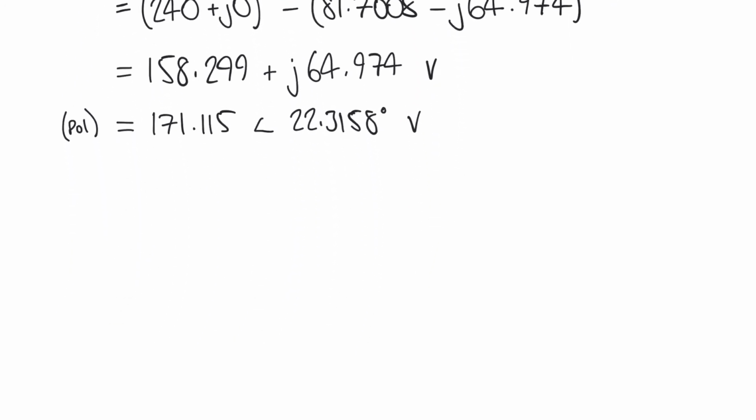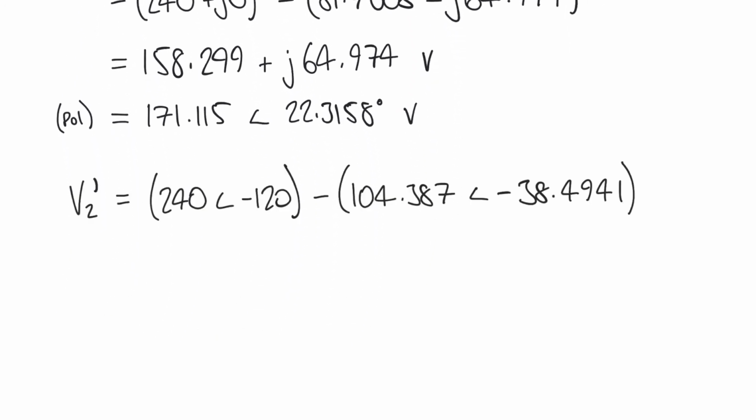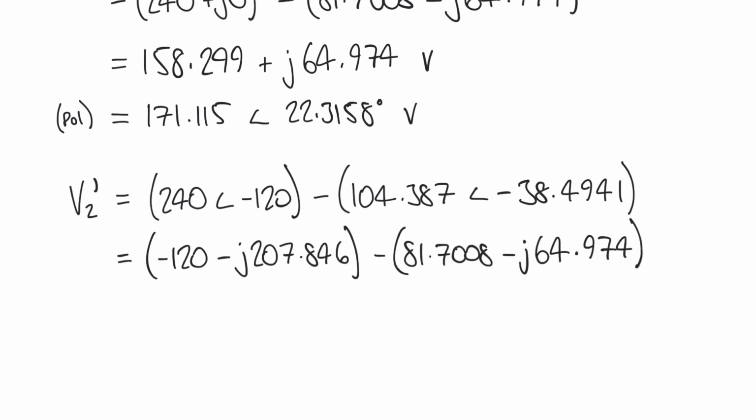Here's similar working for V2. In this case, V2 dash is going to be equal to V2 minus Vn dash, and V2 looked something like this, 240 at an angle of minus 120 degrees. We're subtracting that same Vn dash. These are all connected to the same displaced neutral point, so the Vn dash is the same for all of them. Again, we can convert to rectangular form, perform that subtraction, and convert to polar form if we want to.